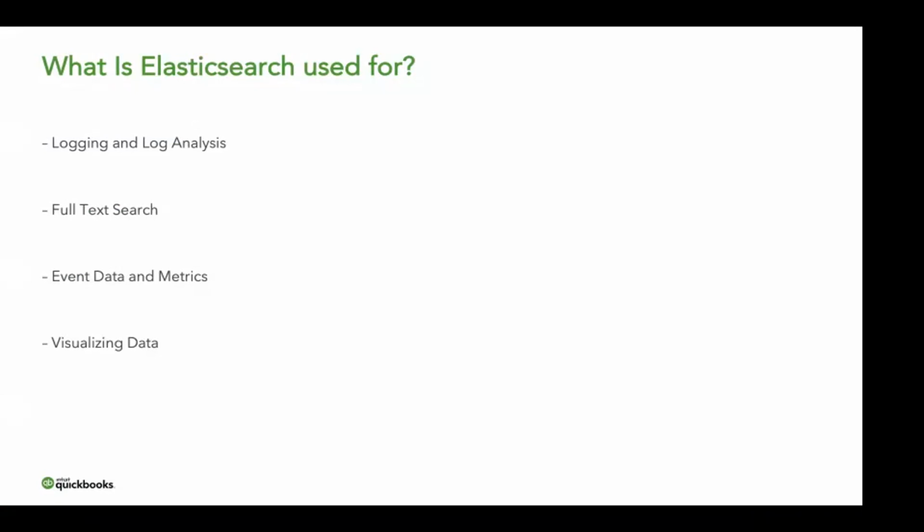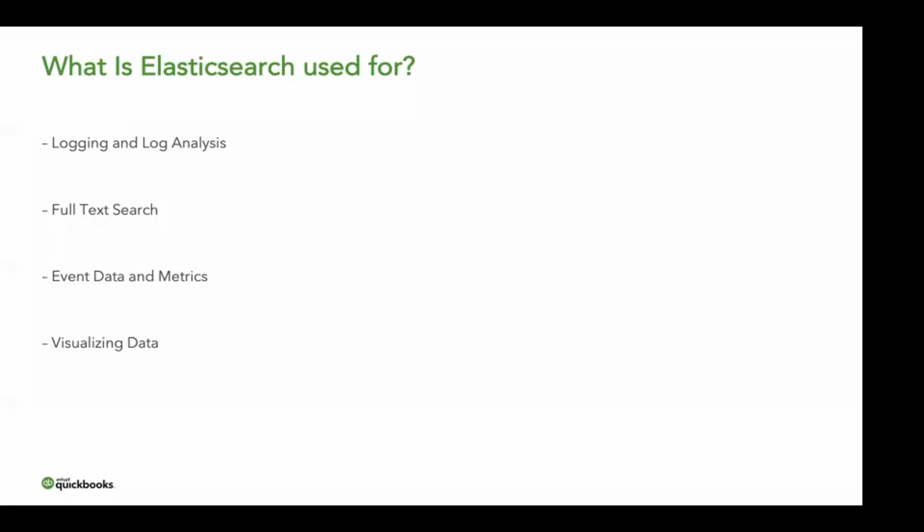Elasticsearch is basically a search engine on top of Lucene. Over the years, its usage has changed. It started as a solution for full text search on top of Lucene. It evolved into event data and metrics, and it's heavily used today in logging and log analysis, and a lot of usages are on that.